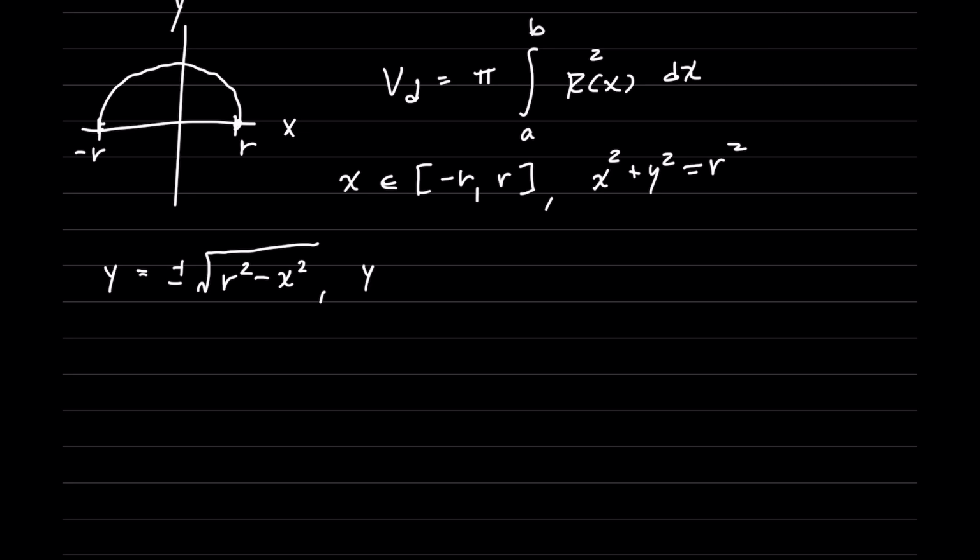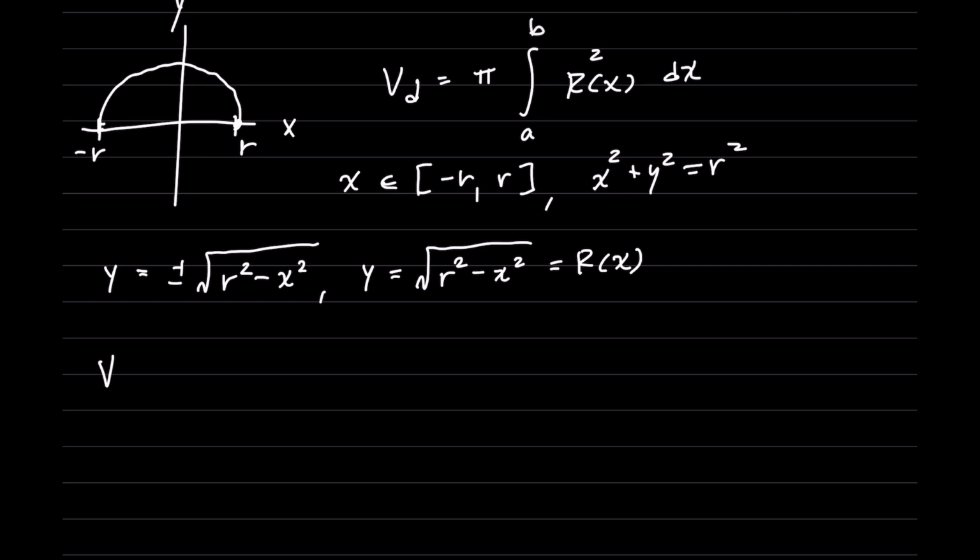So we have y equals the square root of r squared minus x squared, and that would be our r of x. So now using the disk method, it's going to revolve around the x-axis, and if we revolve a semicircle about the x-axis, we'll have a sphere.